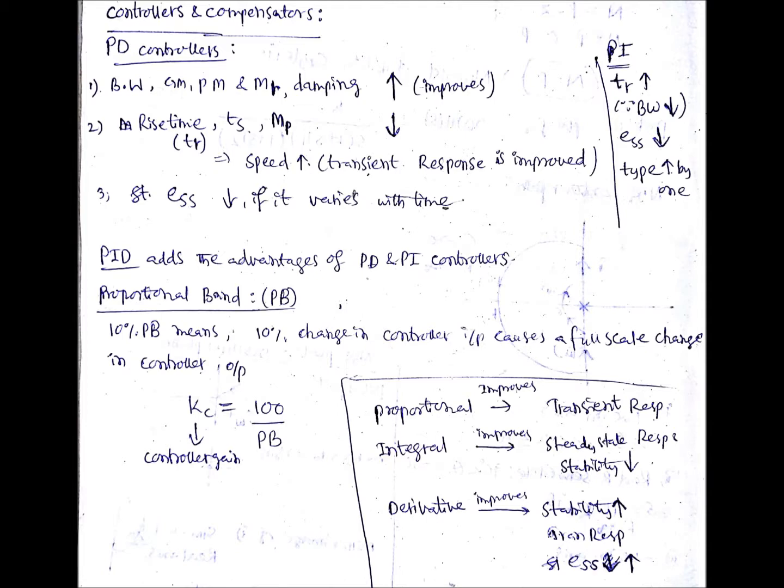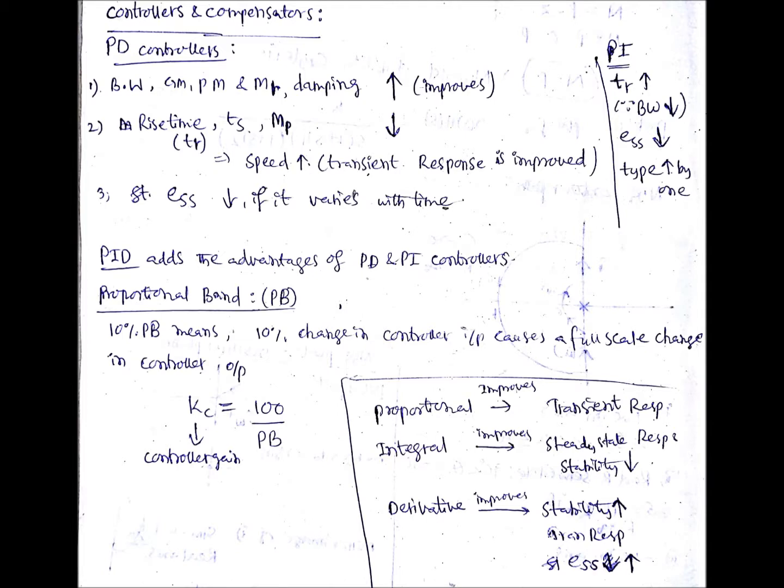So coming to the proportional derivative controllers, using these controllers you can improve bandwidth, gain margin, phase margin, resonant peak and damping. These controllers will reduce rise time, settling time, and peak magnitude.